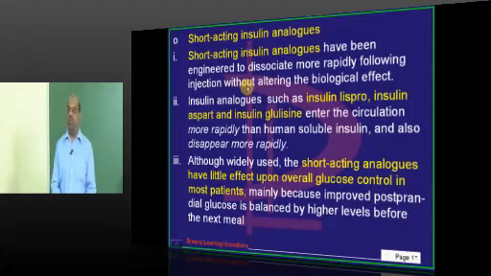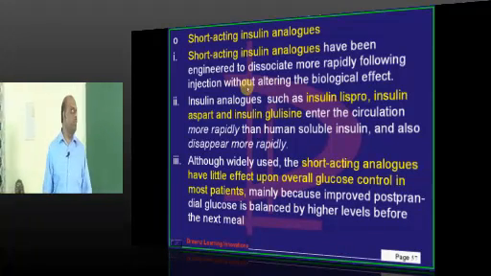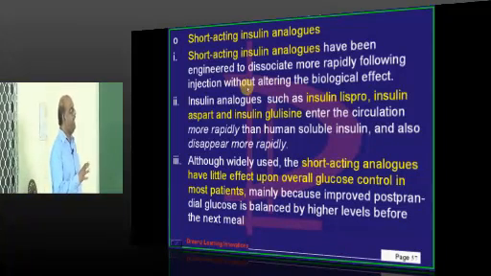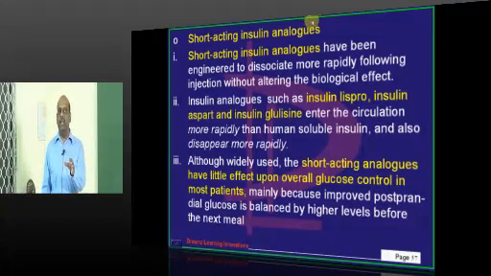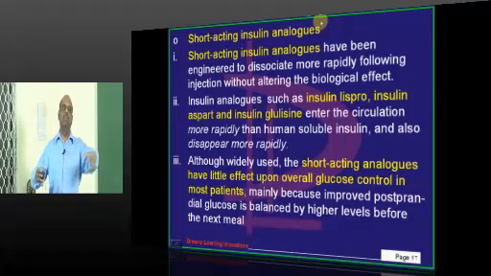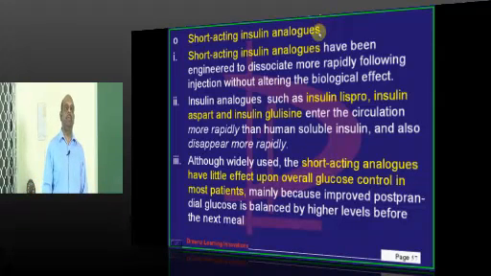Now, among short acting insulins, we can use a lot of insulin analogs. What is the purpose of the insulin analogs? If you take the regular insulin, it will take a little time to dissociate and get absorbed.